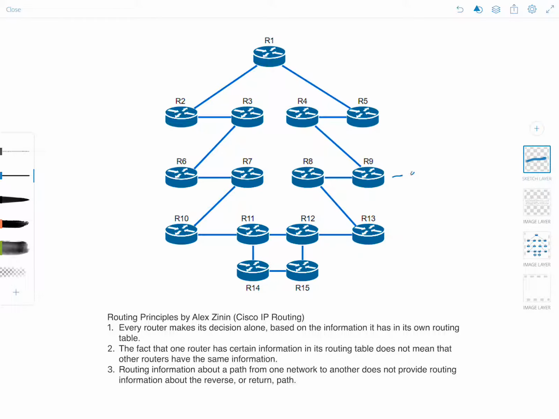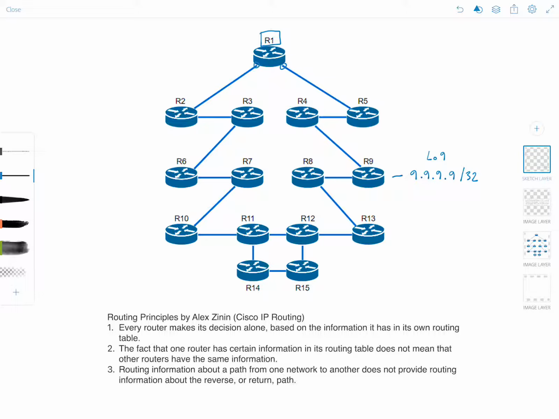Let's imagine that R9 has a loopback interface configured here with the address 9.9.9.9/32. Let's say it's loopback 9. And then R1 on top here wants to ping that IP address. Now, R1 really has two choices to send the packet, either out this interface or this interface.